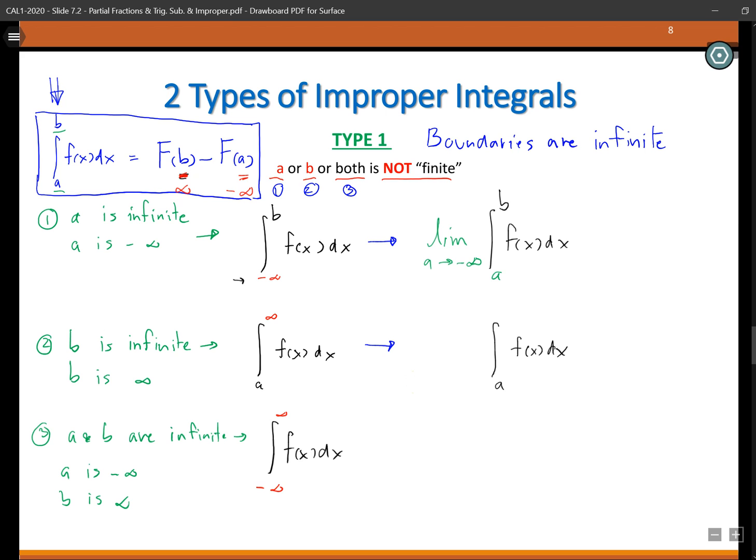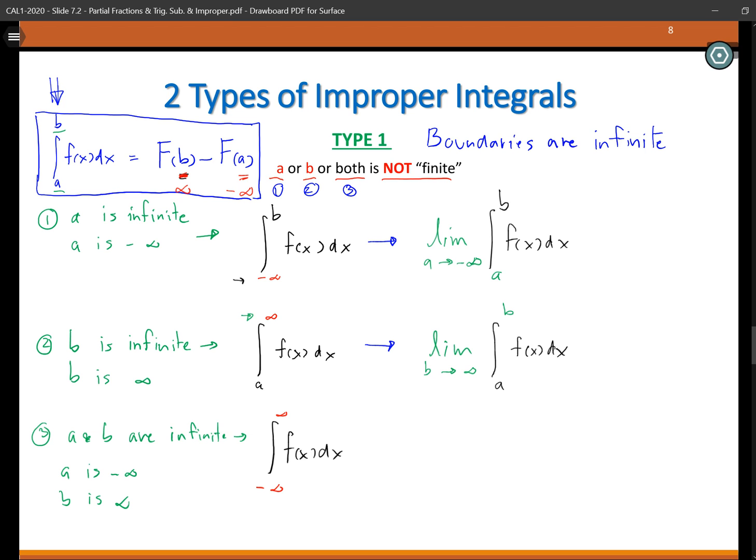The thing that we want to change is this, infinity. Hard to deal with, hard to perform calculations, so we are going to change it to just regular b, just like in the formula. But then this b is special, so let's put a message right here. This b, not just any b, but it's a b that approaches positive infinity.